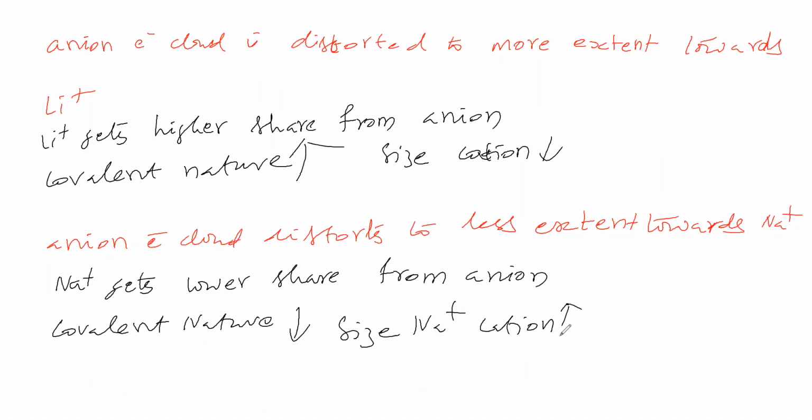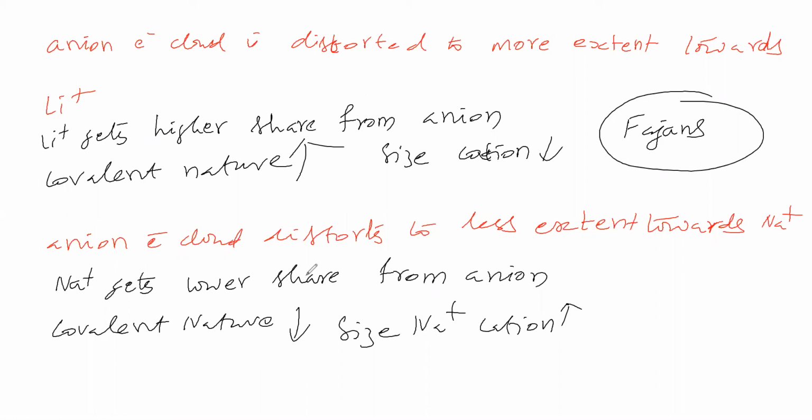From experimental analysis, Fajans introduced a rule. This rule says that when the size of the cation decreases, covalent nature increases. When the size of the cation increases, covalent nature decreases.